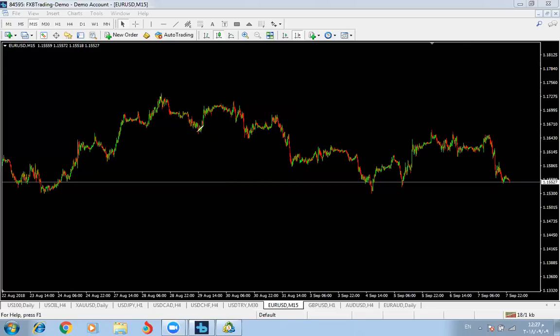This is the correct count for the Euro USD. This is 1, this is 2, this is 3, this is 4, and this is 5. We have wave 2 in the form of running flat. 1, 2, 3, 4, and 5.